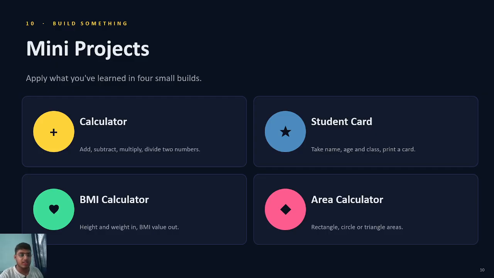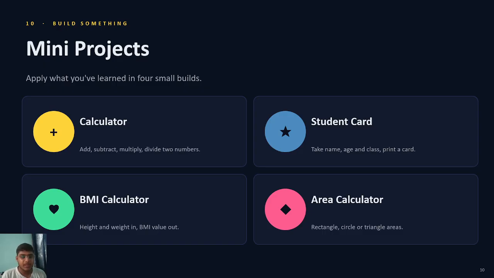And in a BMI calculator, what is the BMI calculation? Weight divided by height into height, which means height squared. So you will take weight as a floating value input from the user in kgs, and height as a floating value input in meters.